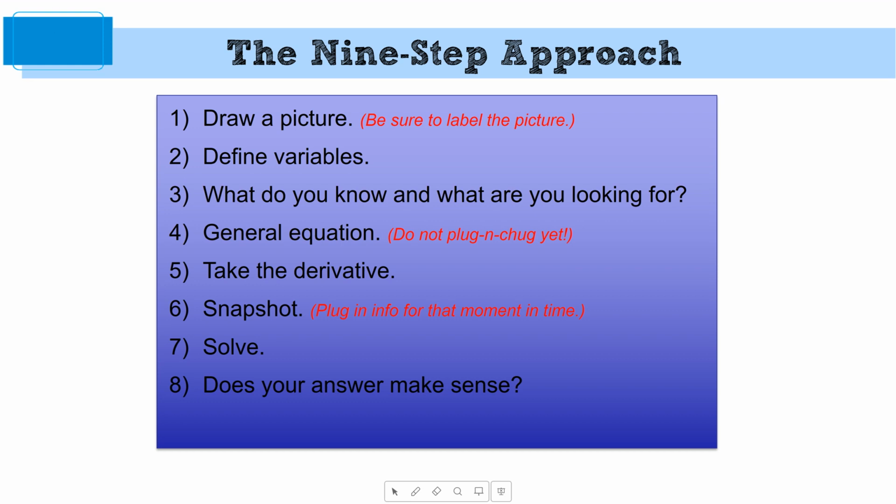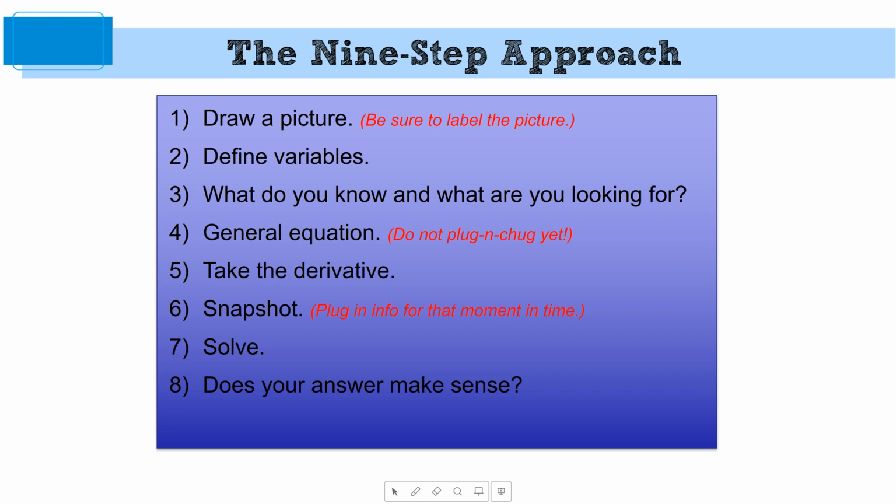Step 8, does your answer make any sense? Many of you will skip this step, and I would plead for you to not skip this step. For instance, you're solving for the speed of a car, whatever the problem is. Ask yourself a simple question. Does that answer make sense? If you solve that problem and you get 3,482 miles per hour, you probably did something wrong.